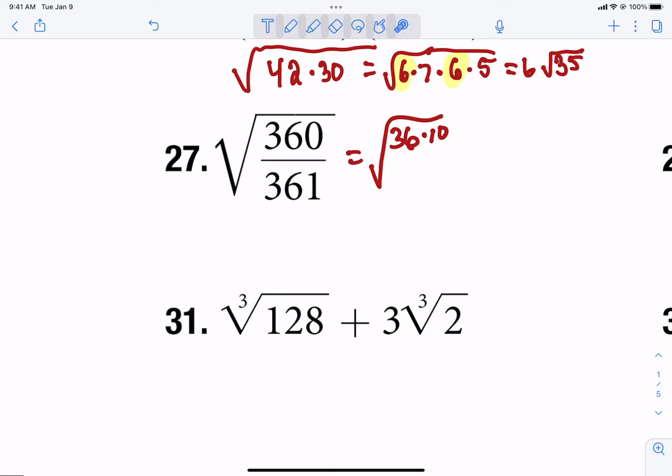Nope. Oh, it might be 19. Let's see, 361 divided by 19.